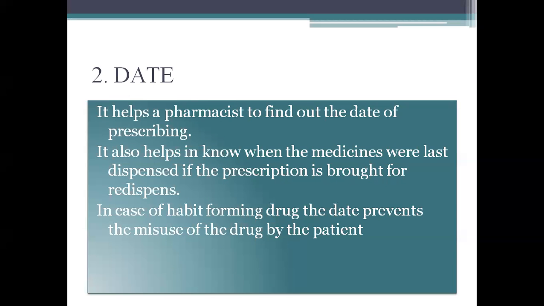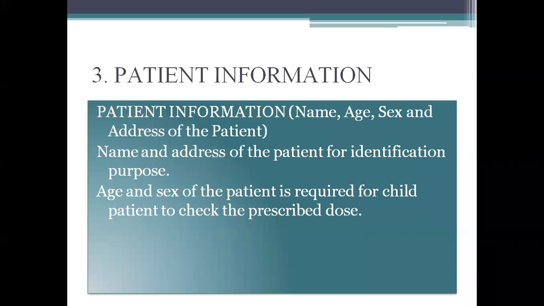Next part is the date, how date is very important, also we have discussed in the last lectures. Then patient information, what type of patient information should be included in prescription, that also we have discussed in the last lecture. Name, age, sex, and address of the patient have an important role in the prescription details. Okay, to avoid misusing of narcotic drugs, to identify the patient, that is important in the patient information.